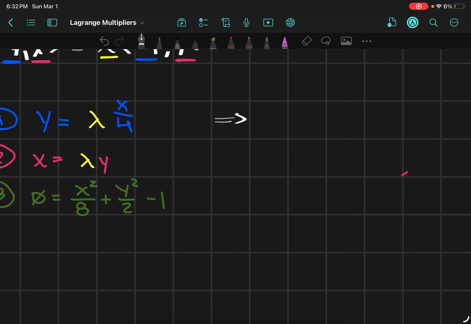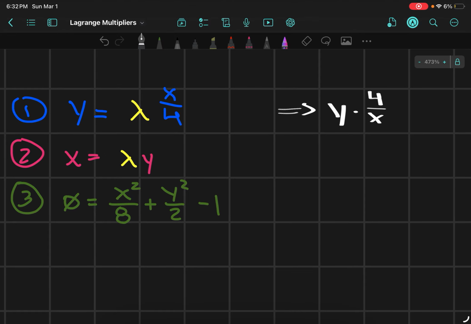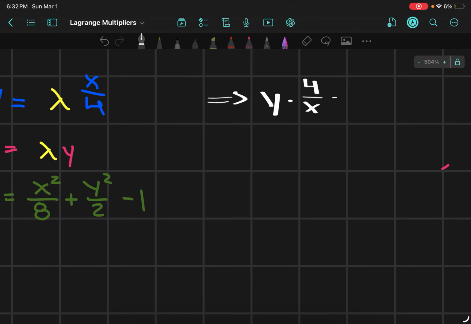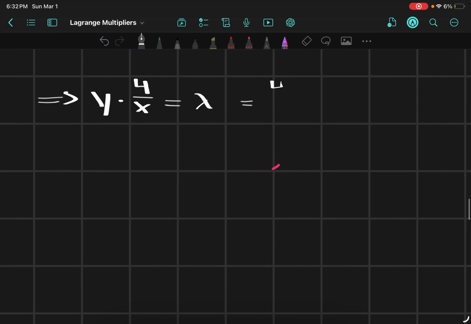We're going to multiply by 4 and divide by x. So we have y times 4 over x is equal to lambda, which equals 4y over x.